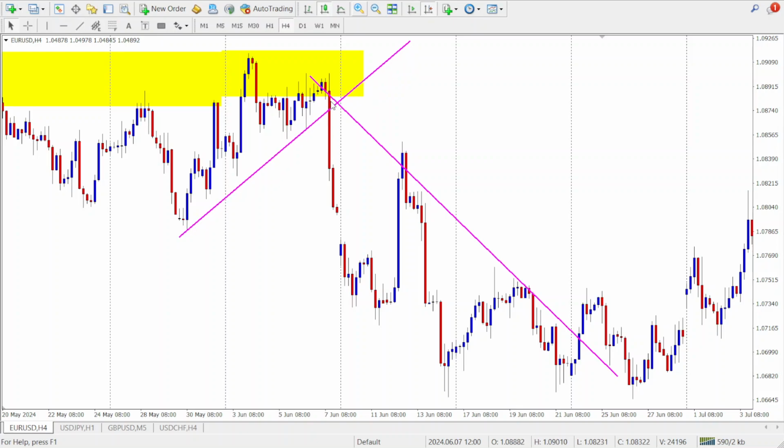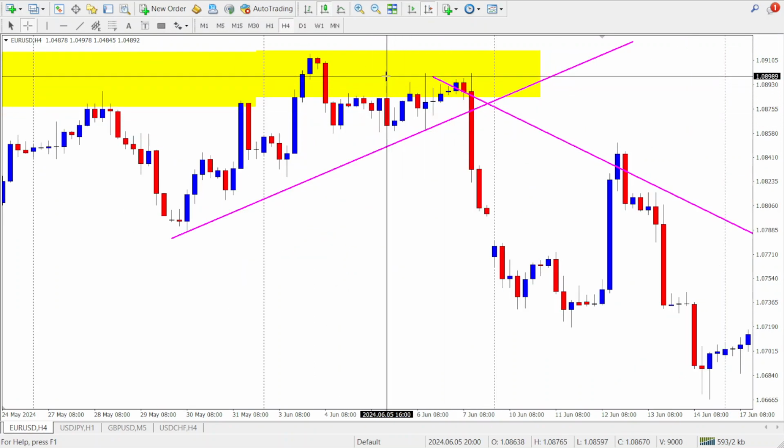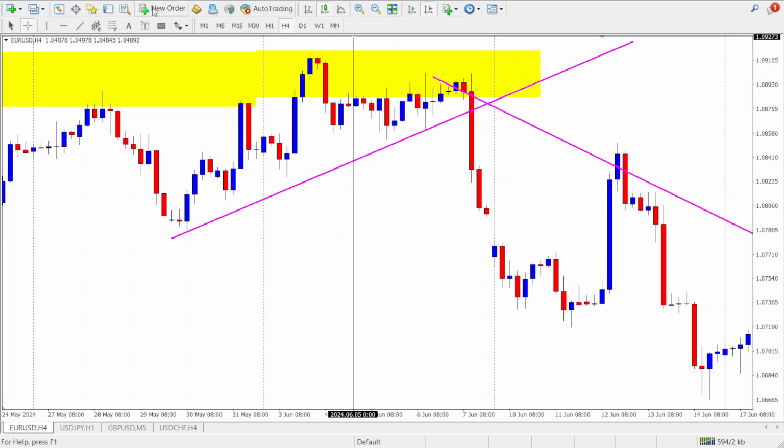Before this particular bearish candle that led the breakout, we had a narrow range within this zone before a bearish breakout prevailed. So there is a likelihood that an order block might have been around here.